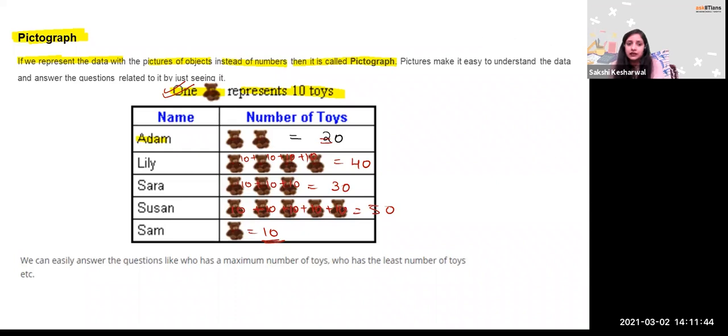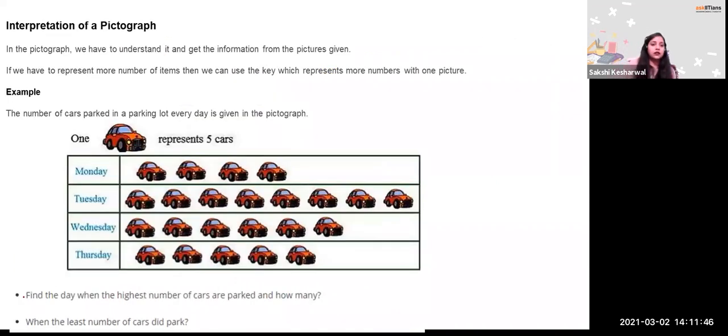So you try to make easy diagrams. We have already done interpretation of the pictograph. In the pictograph, we have to understand it and get the information from the picture given, right? If we have to represent a larger number of items, then we use a key and let one picture represent more. That's very clear, right?